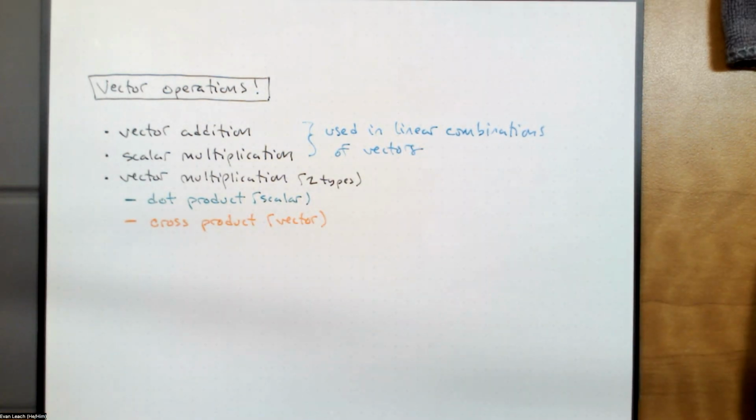Specifically for our purposes, these are used in linear combinations of vectors, but vector addition and scalar multiplication, that's what linear combinations are. Whatever our vectors happen to be.